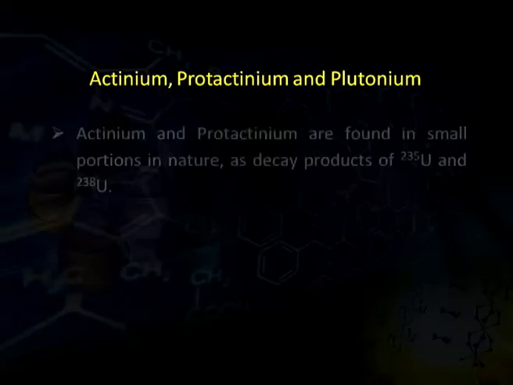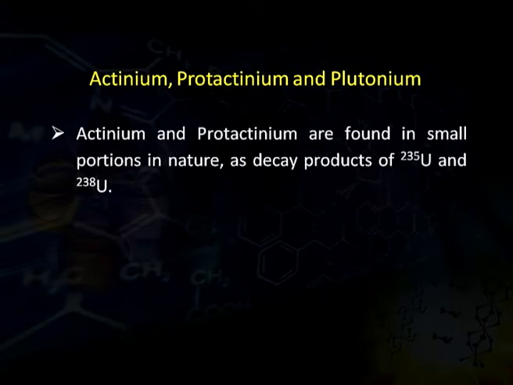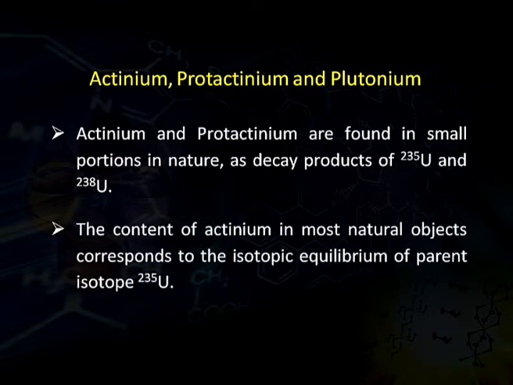Actinium, protactinium and plutonium make up the major segment of the actinides. Actinium and protactinium are found in small portions in nature as decay products of uranium-235 and uranium-238. The content of actinium in most natural objects corresponds to the isotopic equilibrium of the parent isotope uranium-235.